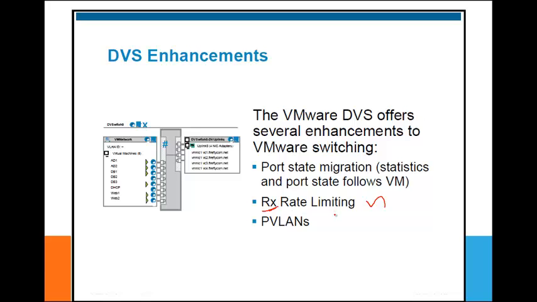Plus it also supports private VLAN. It also supports port state migration, meaning when I move one VM from one physical hardware to another, the policies and statistics also move along with it. So these three are newly added advantages or features because of VDS.